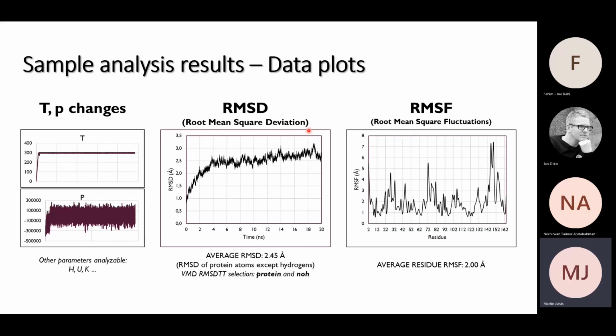But if it only happens once and it doesn't go back, then you don't know if this is an error in your simulation, because that can happen as well, or if it was supposed to happen.